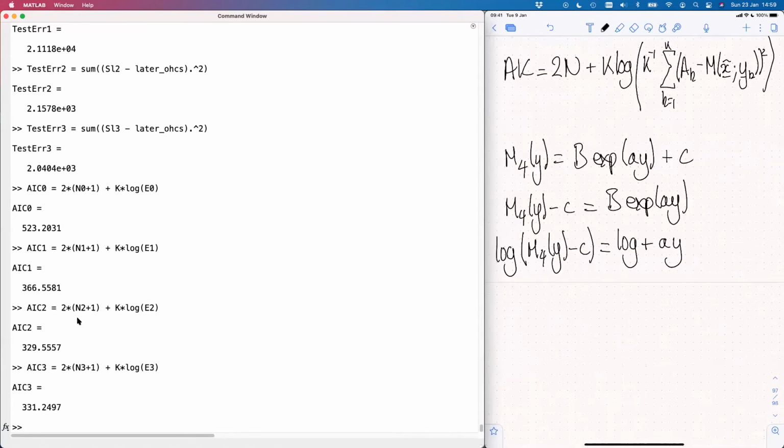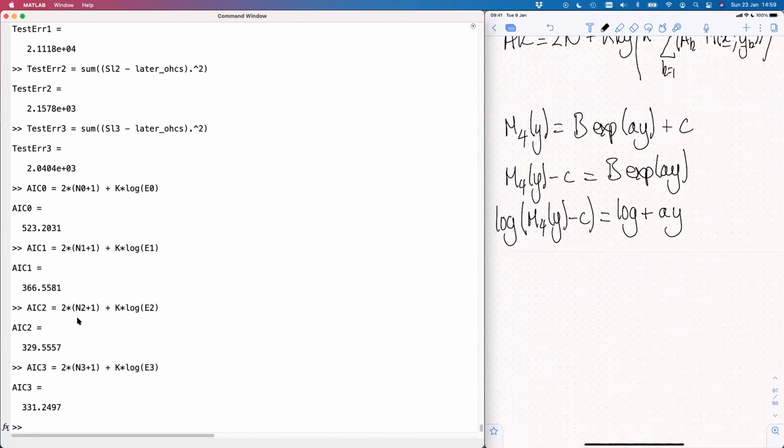If I knew the value of c, I think I could then write this as the same kind of matrix equation that we used for our polynomial models above.